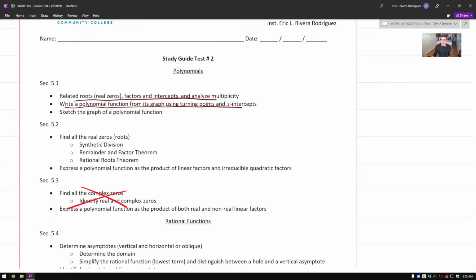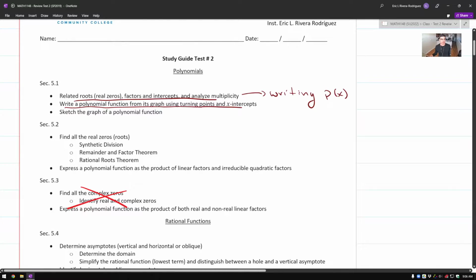At the end, we are writing the polynomial function based on its zeros and their multiplicity, which leads to its degree.